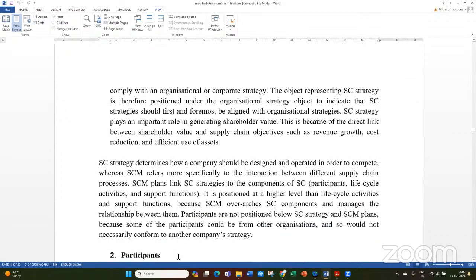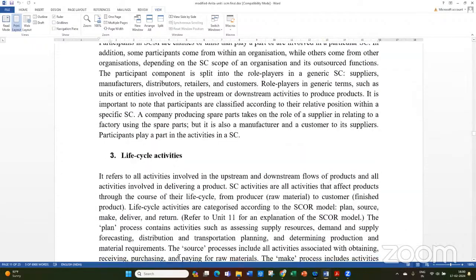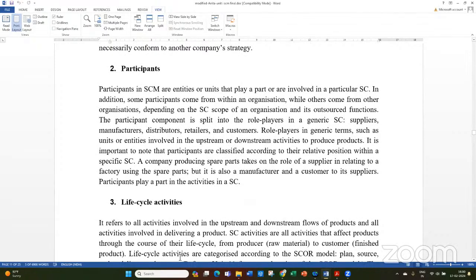It's already very good. So now coming to the supply chain, some components and production.